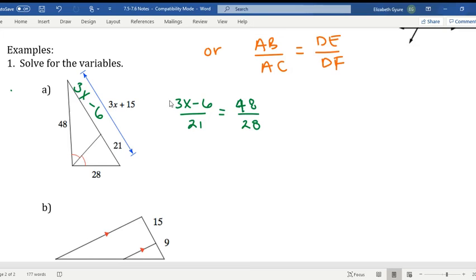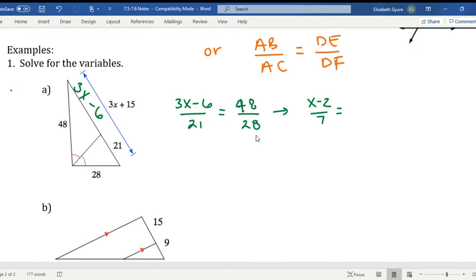So you could reduce maybe this entire left-hand side by 3 if you wanted to. So why not, right? Maybe change this into x minus 2 over 7 equals, and then we could reduce this proportion as well. What would go into both of those? 8?